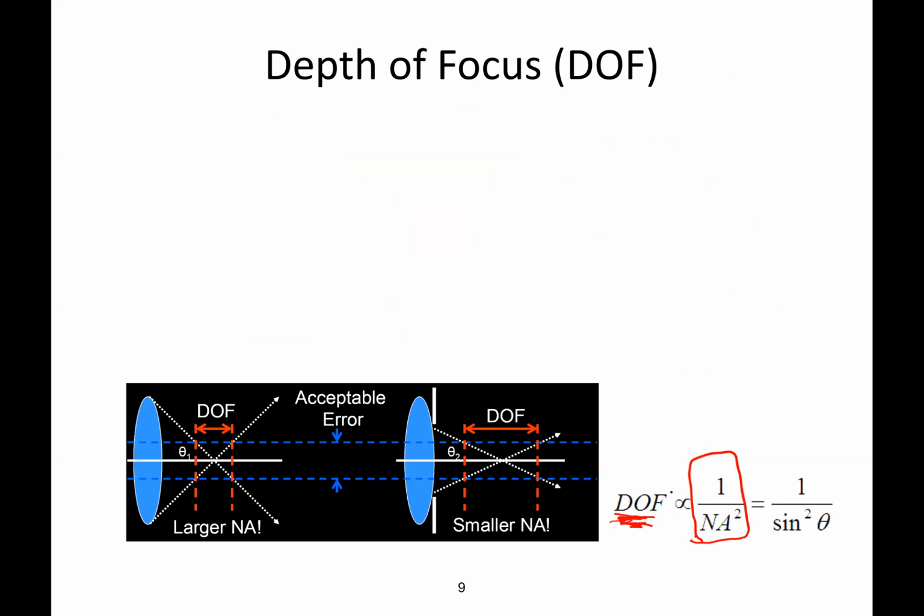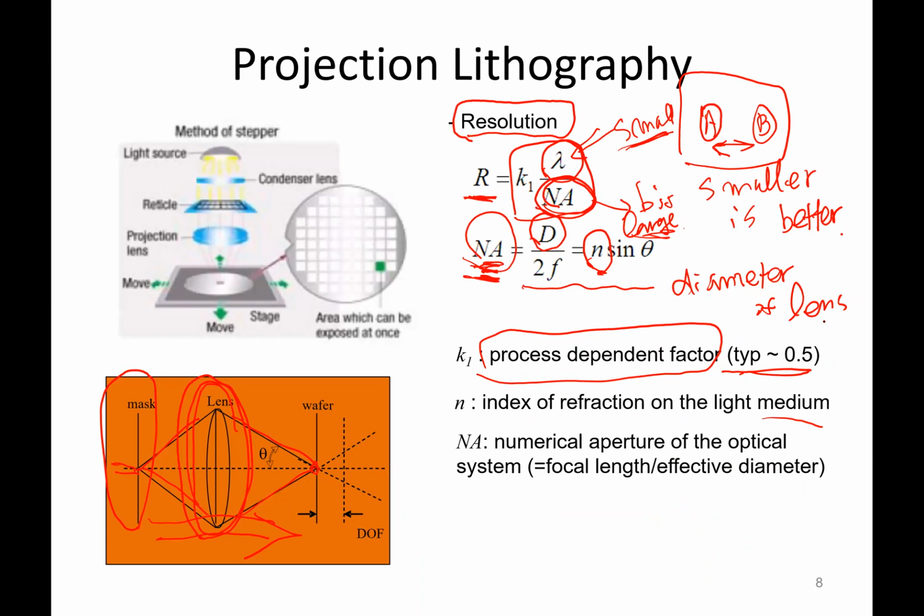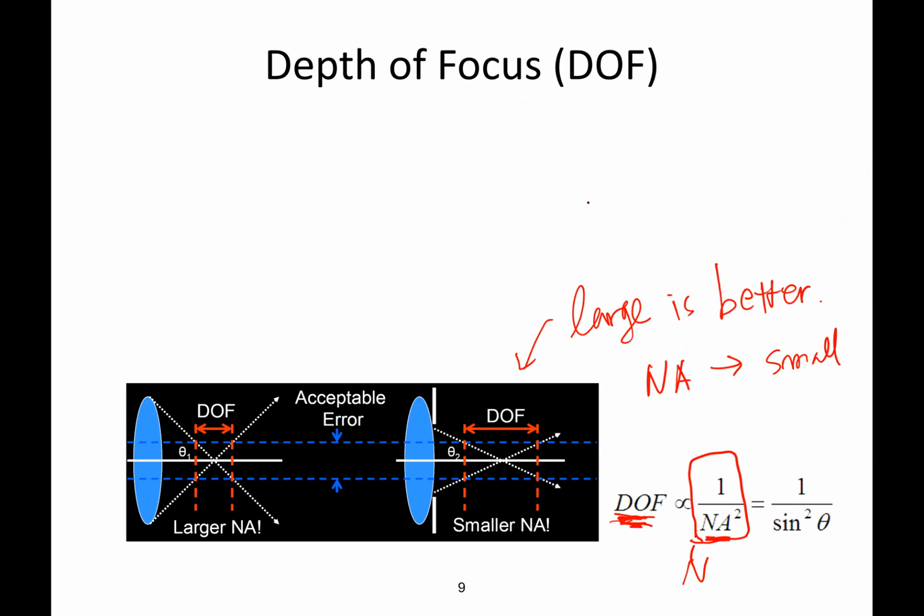When you learned DOF in the last class, a large depth of focus is better, right? In this case, how to make this large? Then NA should be small, right? So to make the resolution better, NA should be big, but to make the depth of focus large, NA should be small. So it's the opposite direction.